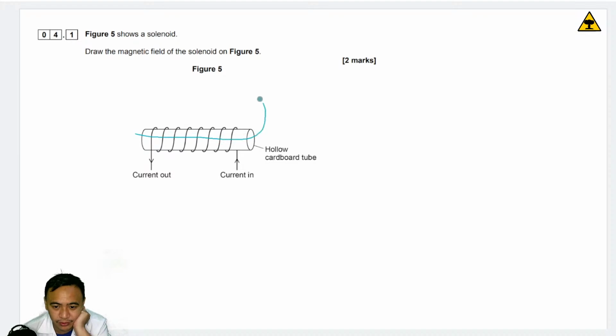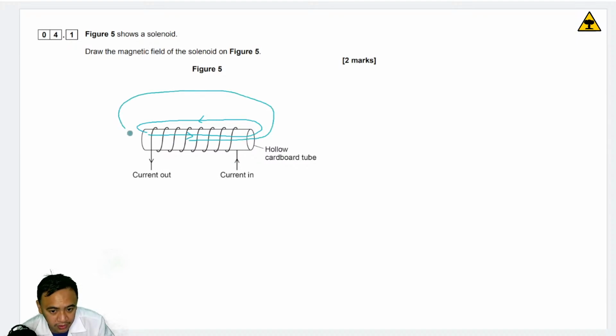So we have to draw the magnetic field on the outside as well, if possible. As you said, on the inside it's going to point like this. So I'm going to draw another one here, something like this. Then I could draw a third one, similar to this.